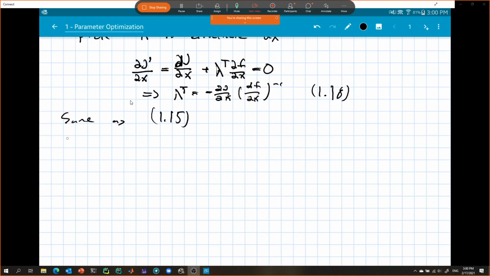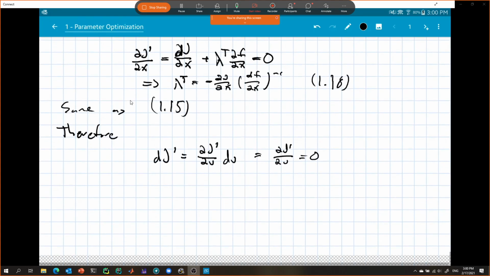So we plug in for dJ prime with du. This now looks like the unconstrained problem, which is kind of sweet. So this augmented cost functional acts like the unconstrained problem.